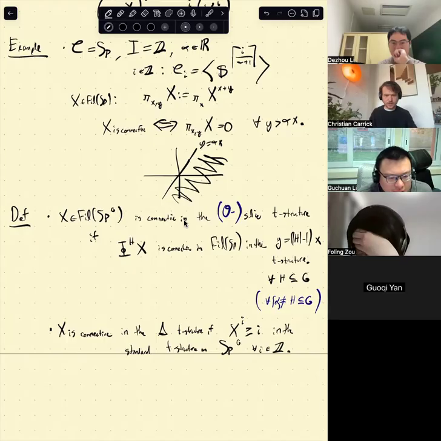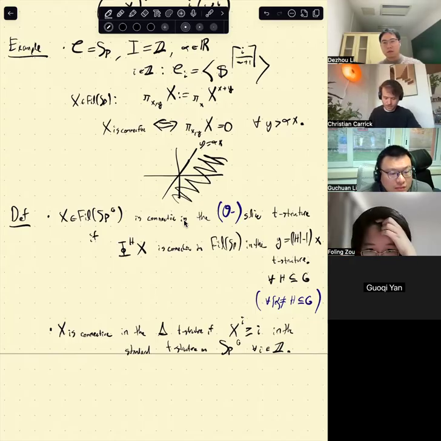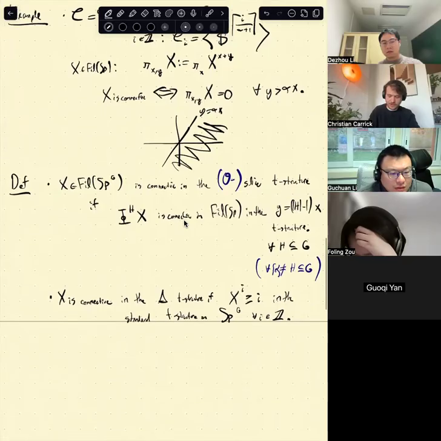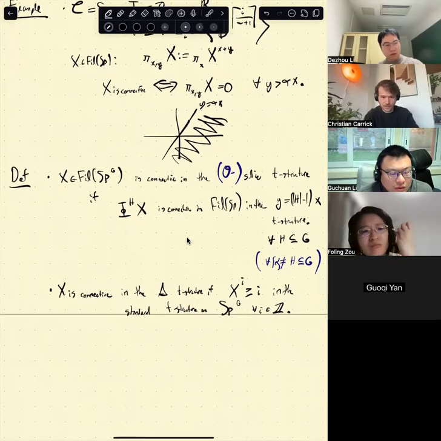So G spectra has the standard T structure defined by the connectivity of the Mackey functor homotopy groups. And if I do this pointwise on a filtered G spectrum, I call that the diagonal T structure. Okay, and that's different than both of these T structures above.